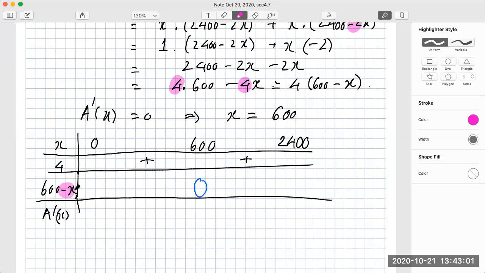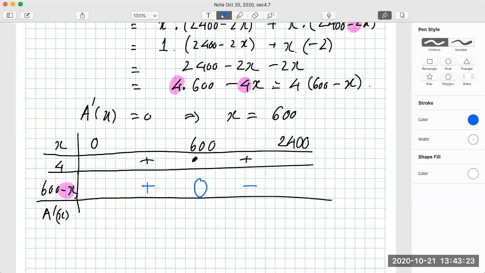If x is 0, then it would be positive, right? And then negative. Okay, let us see.